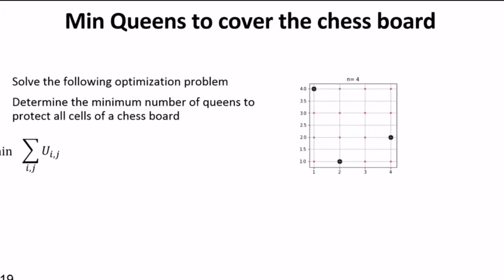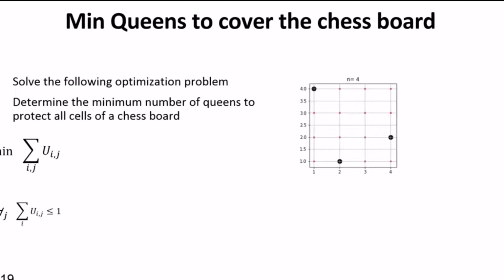So we do the summation over i and j, and u_ij is a binary variable representing the fact that a queen exists on the cell i and j.